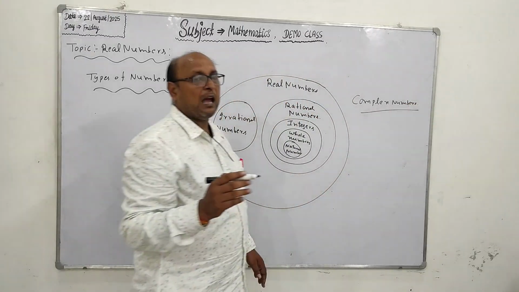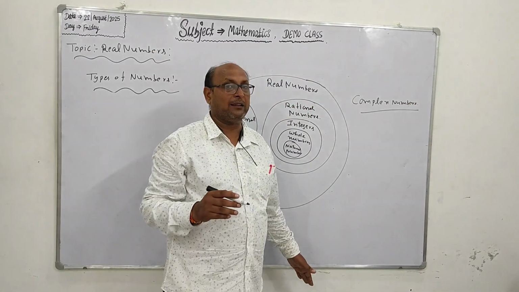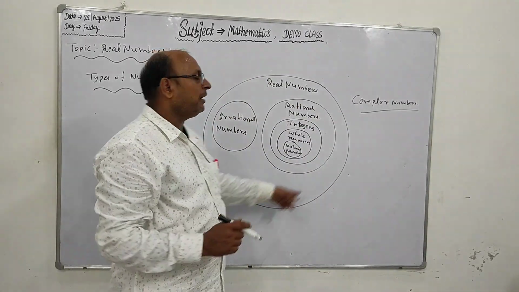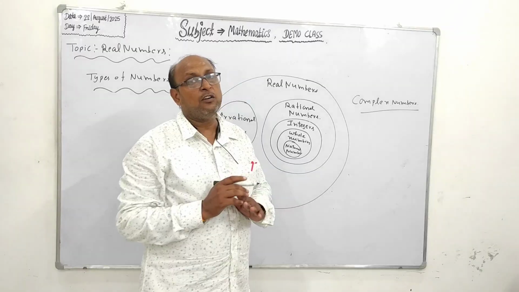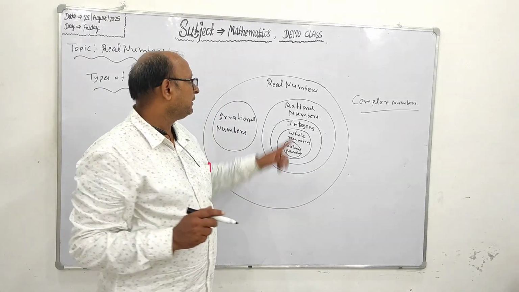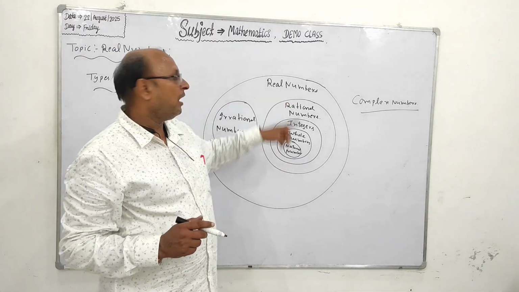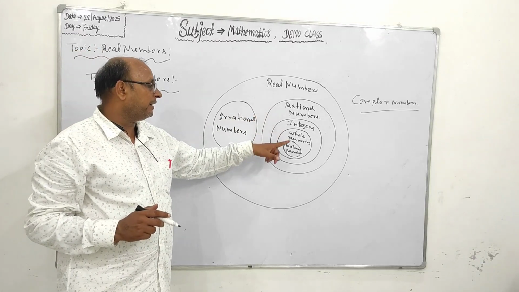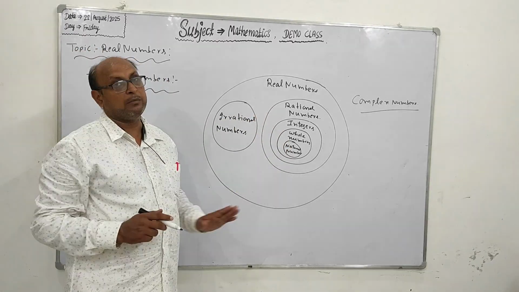But you will study about the complex number in your higher classes. As per 10th level, that is sufficient for 10th class real numbers. I have already explained rational numbers, integers, whole numbers, natural numbers.